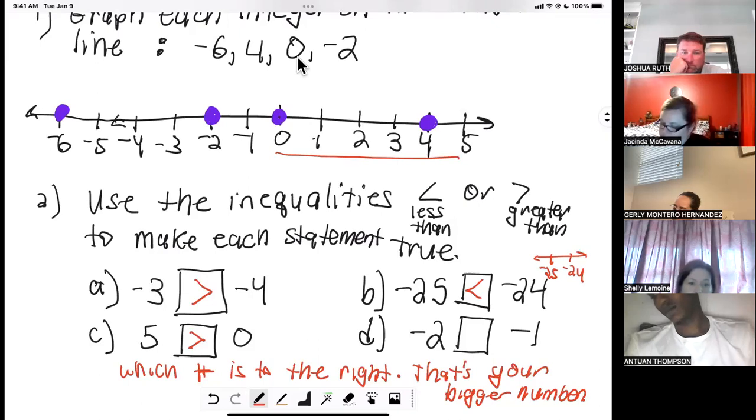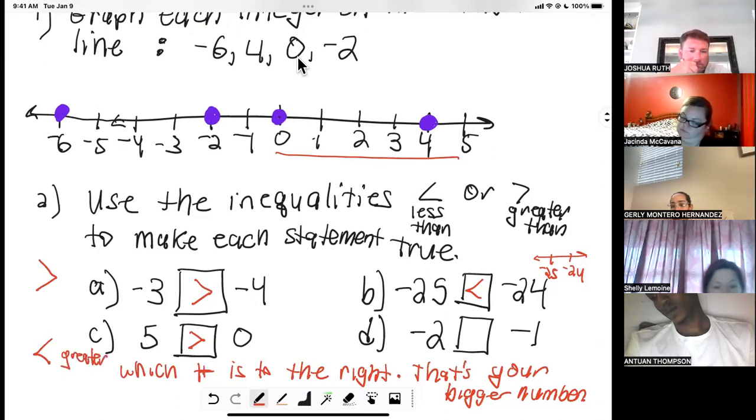And to help you with the inequalities, I know these get confusing too, but the open side is the bigger. Oops, that was really bad. Let me write that again. We have greater than and we have less than. Wherever the opening is, that's where your bigger number should be.